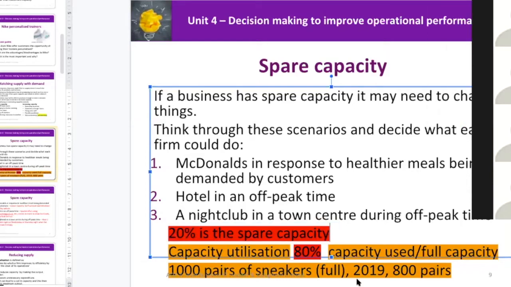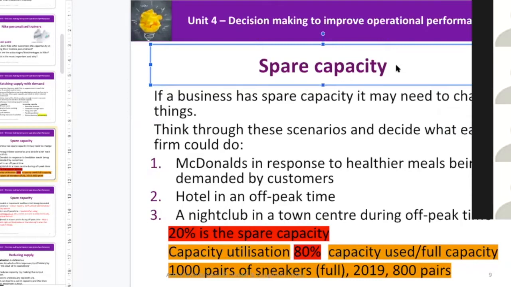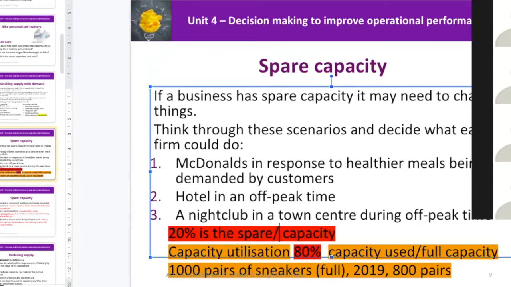So Nike for 2019, the spare capacity is 20%. It's the opposite of capacity use. So 100% minus 80% is the capacity we haven't used. That's why we call them spare. Spare is also called free.